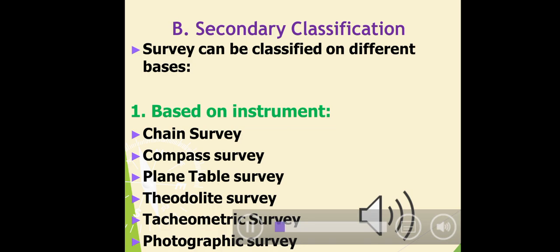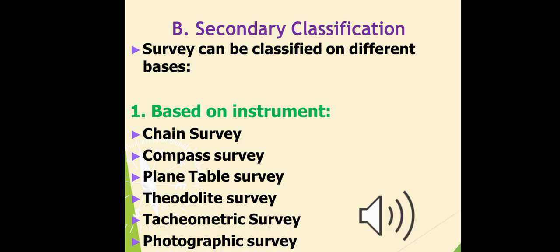Secondary classification of surveying can be classified on different bases. Number 1, based on instrument. The secondary classification of surveying can be classified as chain surveying, compass surveying, plane table surveying, theodolite surveying, tacheometric surveying, and photographic surveying.